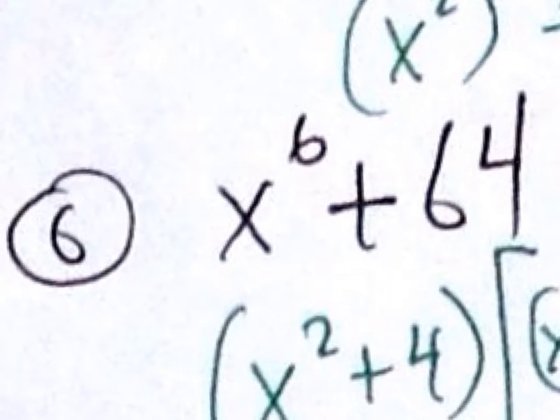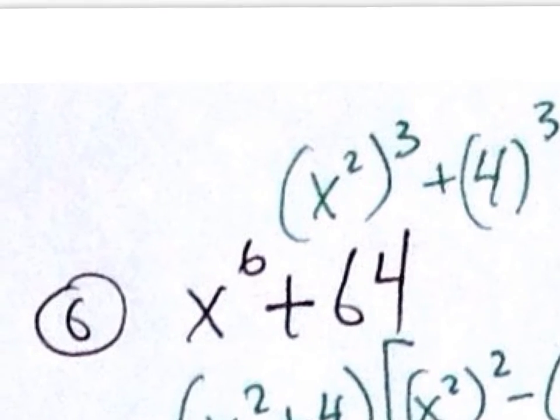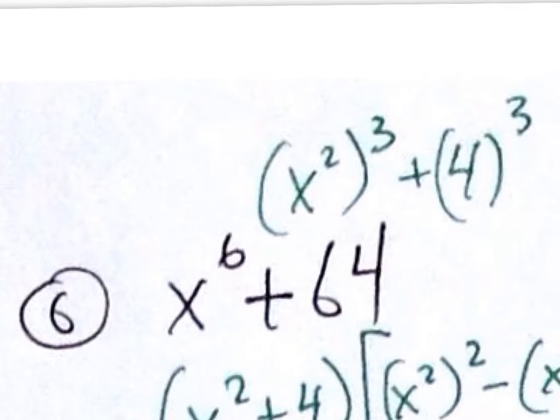Number 6, whoops. So this kind of looks like perfect squares. I'm sorry, sum of perfect cubes is what I meant to say. So if we think about it like this, this is x squared cubed, and this is 4 cubed, then we have this sum of perfect cubes.